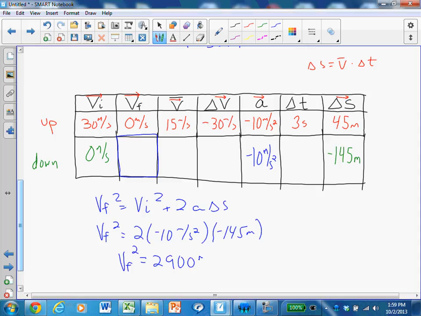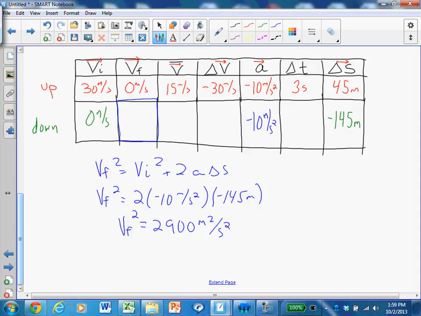Imagine that. And then the square root of that, or 53.9, going down, so it's going to be the minus. But we want the speed. So we just have the same speed as before. Okay.